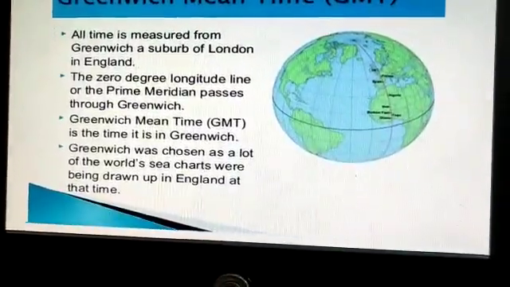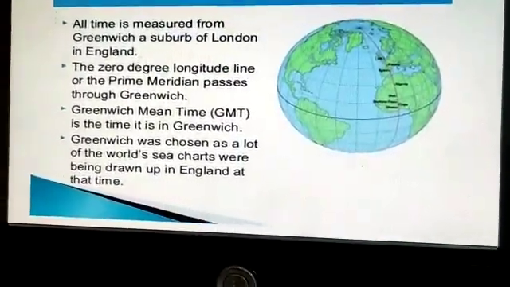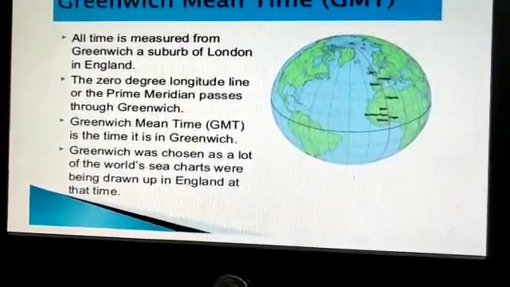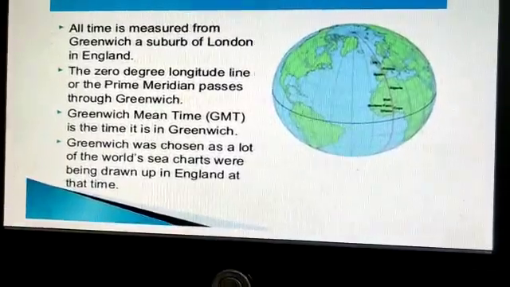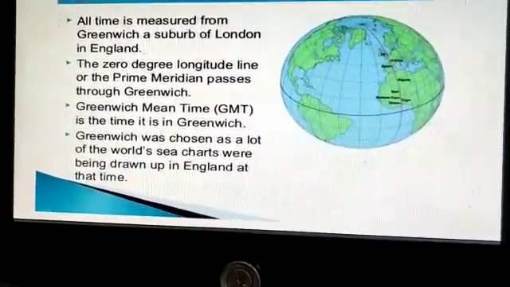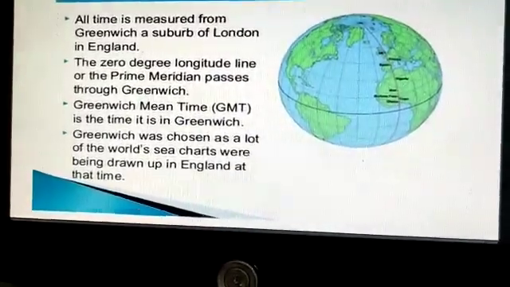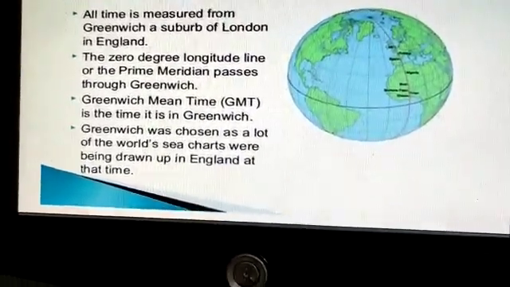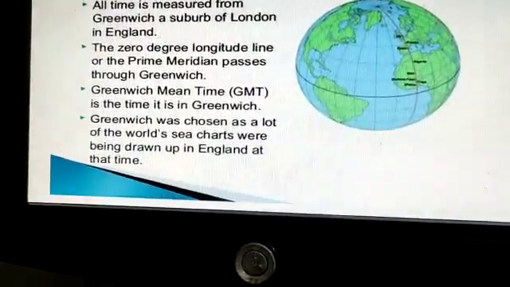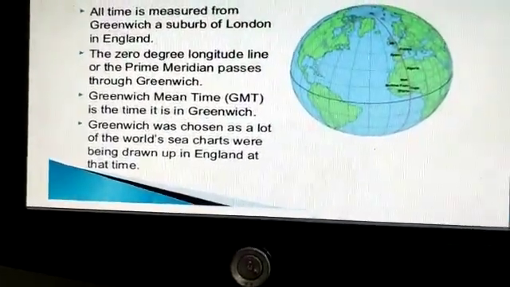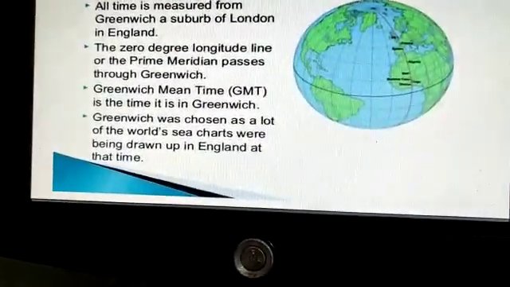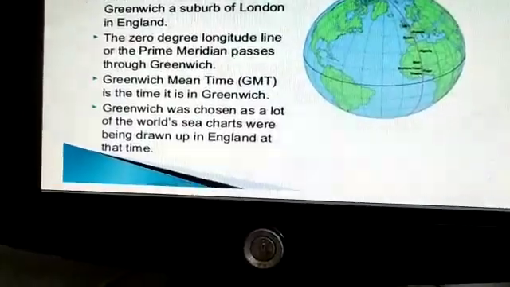The 0 degree longitude line or the prime meridian passes through Greenwich. Greenwich Mean Time is the time it is in Greenwich. Greenwich was chosen as a lot of world sea charts were being drawn up in England at that time.